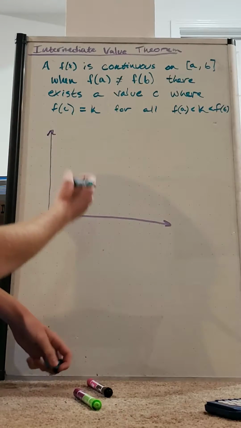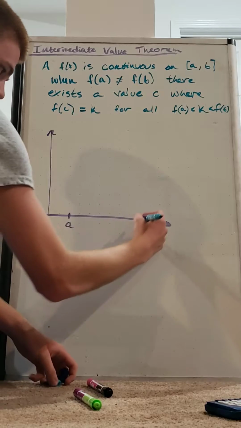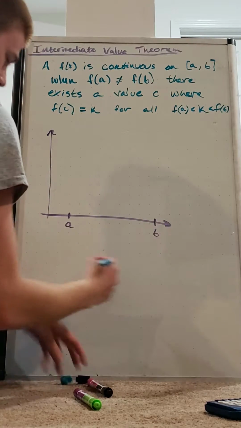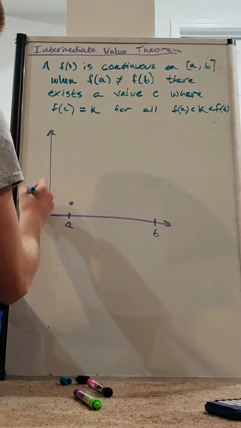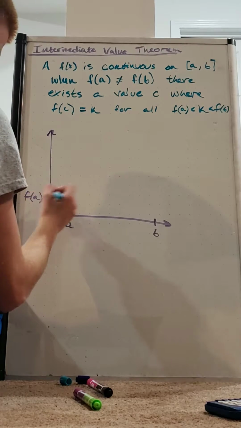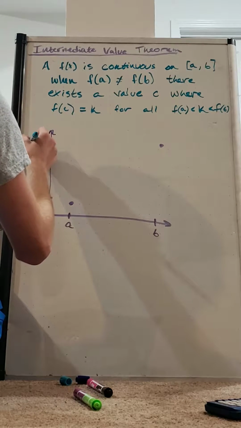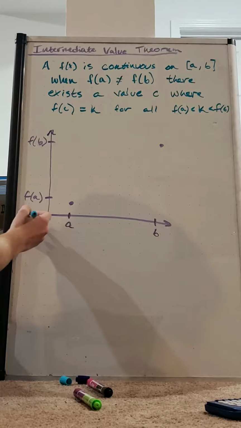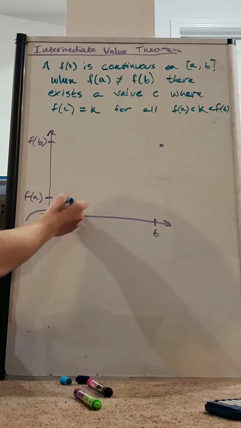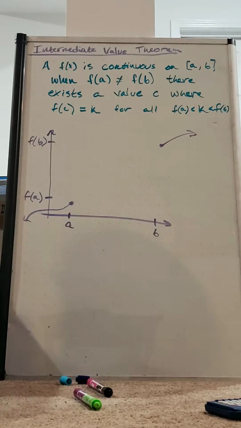Okay, so that means for a function at a to b, and let's say this right here is f of a, and this up here is f of b, right? So for a function, and we can make up anything here, and here, okay.